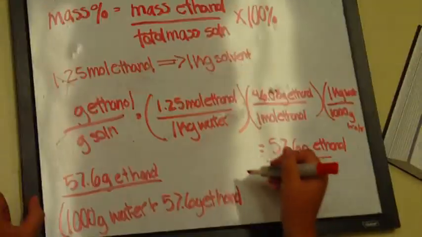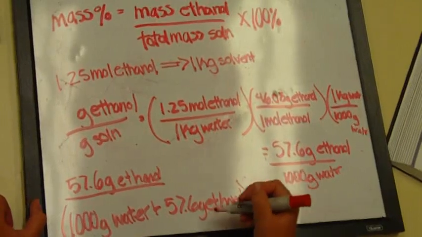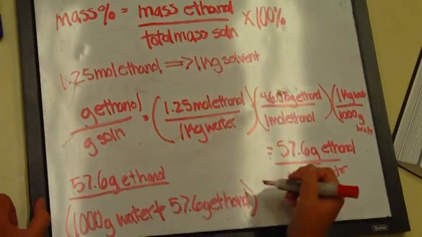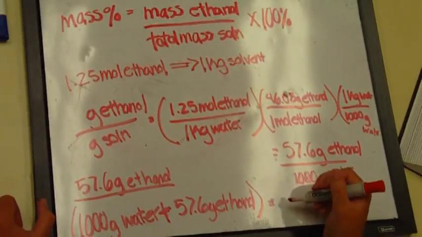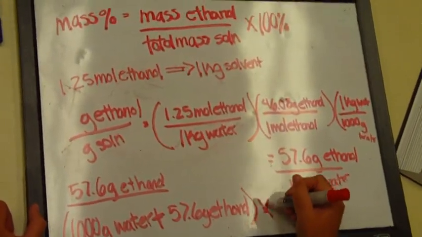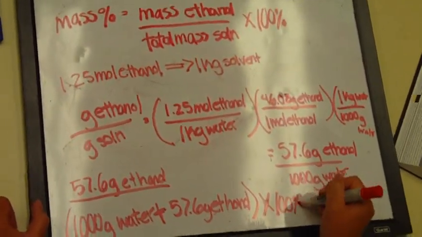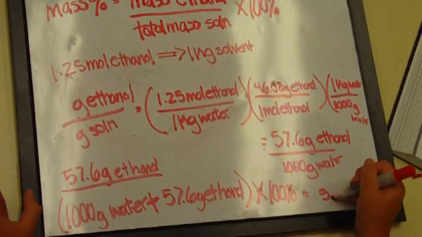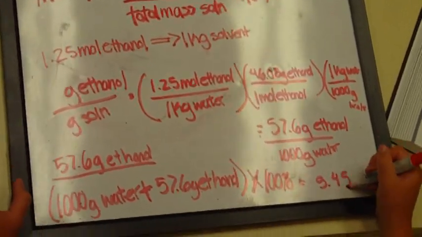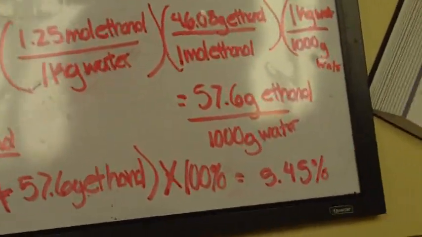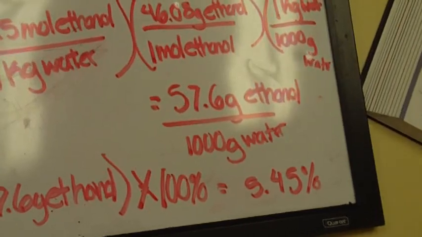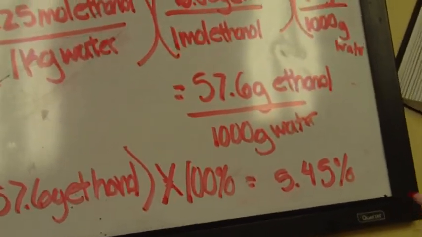All right, and do that math right there, times 100%, is going to give us 5.45% for the mass percent of ethanol.